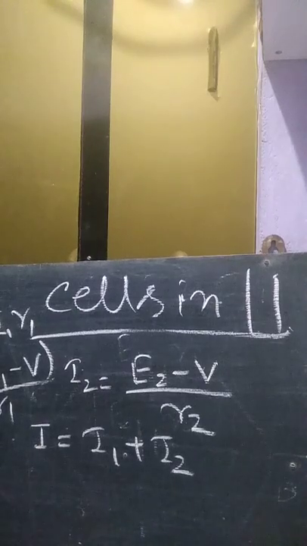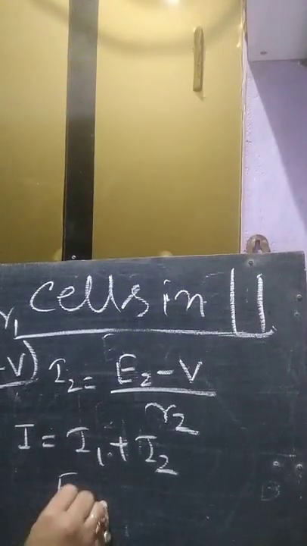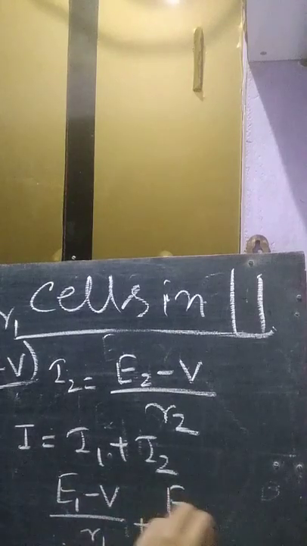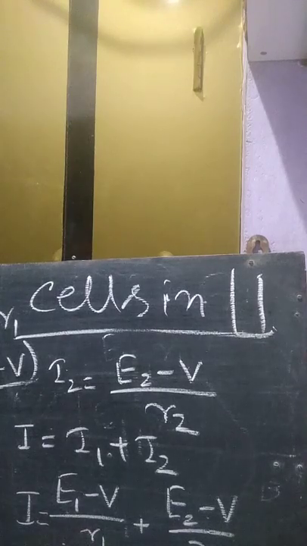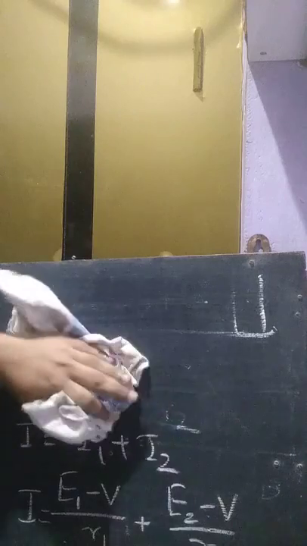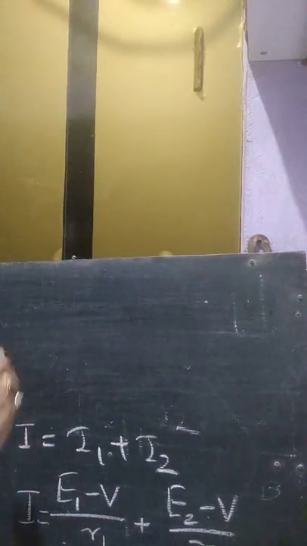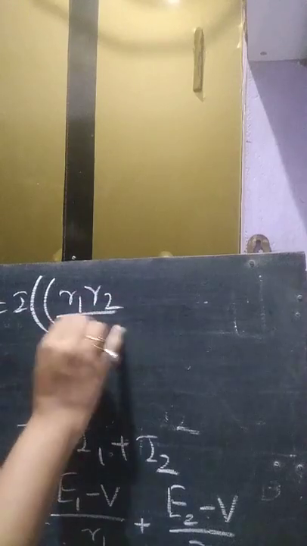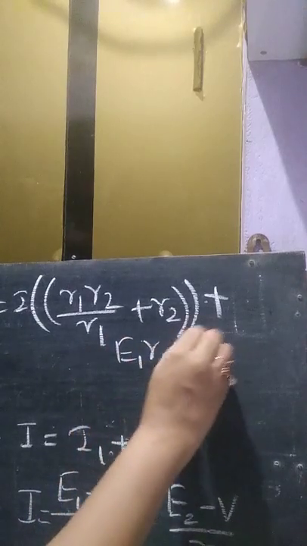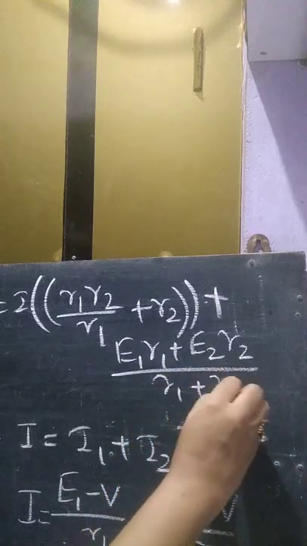Just putting the values. So for this, putting the values, we will get (E1 minus V) by R1 plus (E2 minus V) by R2, and it will be I. From here, by calculation or derivation, we get V equal to I times R1 R2 by R1 plus R2, plus (E1 R2 plus E2 R1) by R1 plus R2.